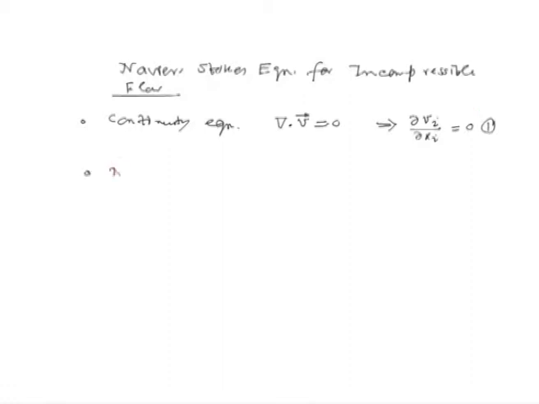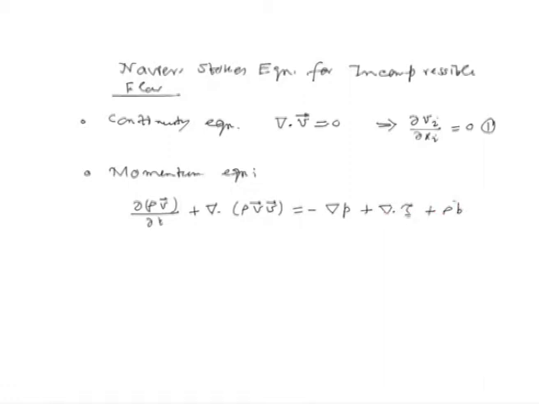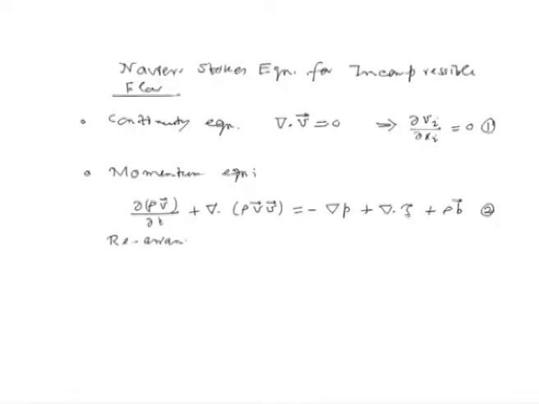Next, our momentum equations: del of rho V over del t plus divergence of rho V V is equal to minus gradient of P plus divergence of tau plus rho B. Now, let us rearrange the terms here, keeping pressure on the left hand side.